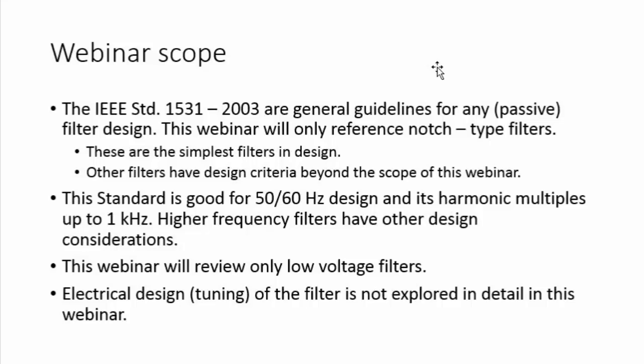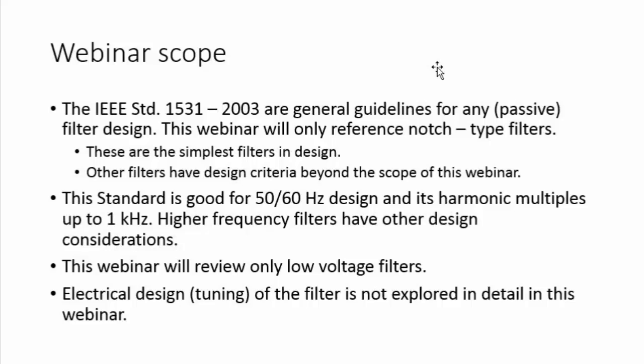Now, this standard is good for 50-60 Hertz design and harmonic multiples up to 1 kilohertz. That means that if you're looking for a guide to design filters in electronics, which tend to deal with the kilohertz, with the megahertz frequency, this is not the guideline. This is just for power systems.